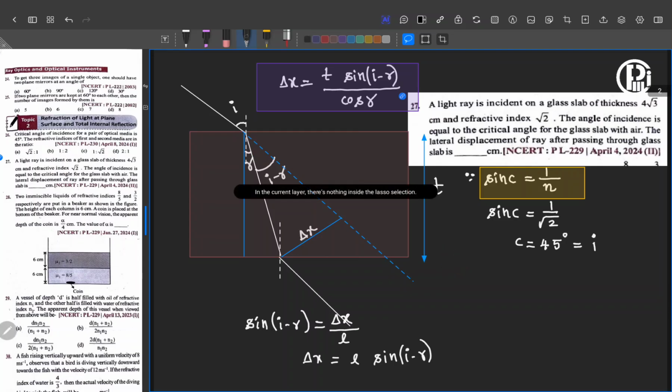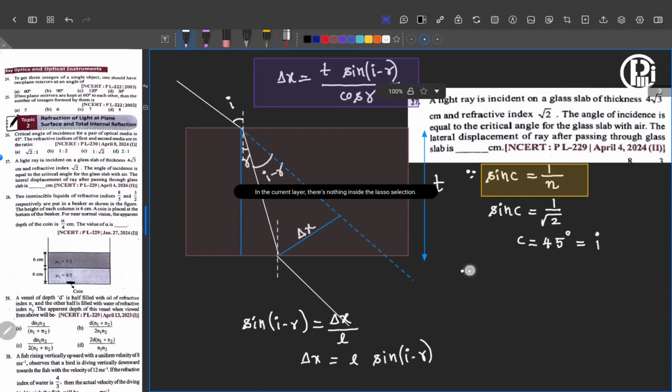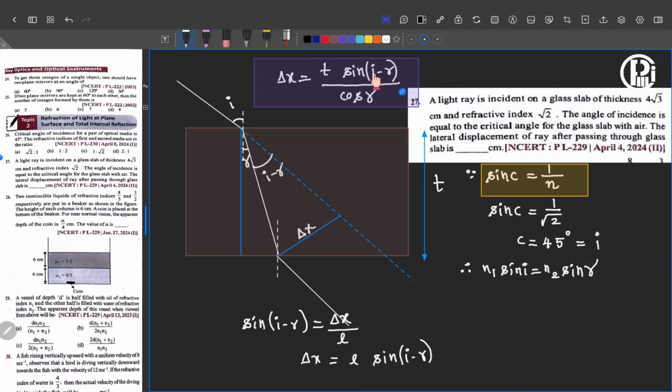I can write Snell's law as n1 sin i is equal to n2 sin r. I want to find this r in order to solve the problem. What is n1? It is air, so 1. And what is sin i? i is 45, so sin 45 is 1 by √2, which will be equal to n2, which is again √2 for the glass slab, times sin r.